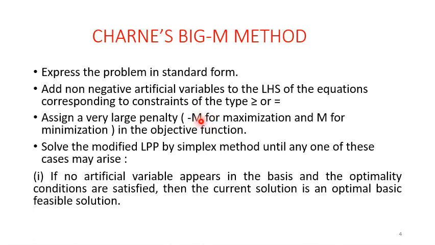It is also called one of the artificial variable techniques, the Big M method or the penalty method, where you are introducing a very large penalty, which we assume as capital M. For a maximization problem the coefficient of M will be -1, whereas for a minimization problem the coefficient of M will be +1.